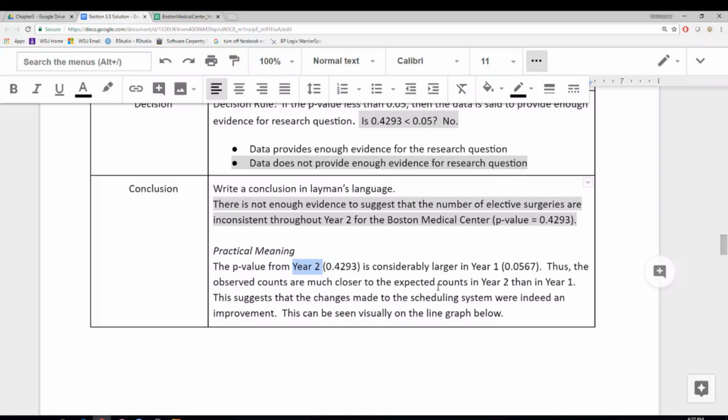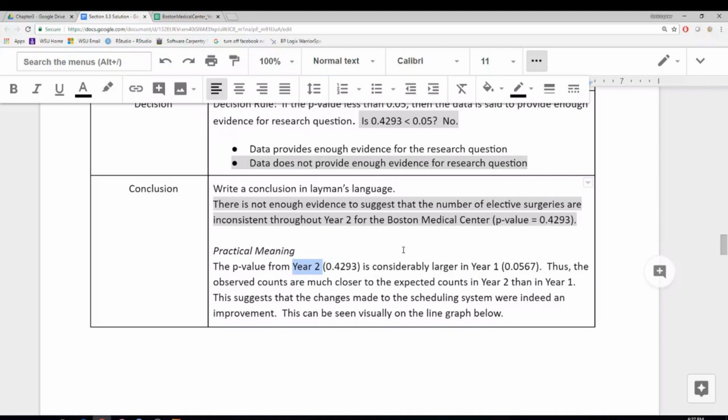On that chi-square distribution, that test statistic is pushed back to the left. If you remember, the lower values for the test statistic meant that I was closer to the expected.